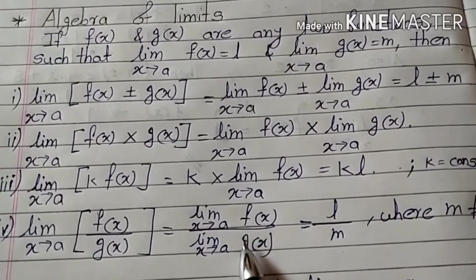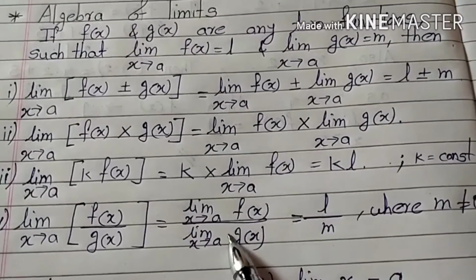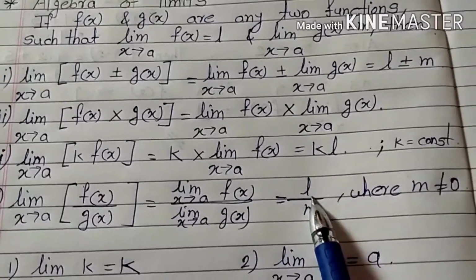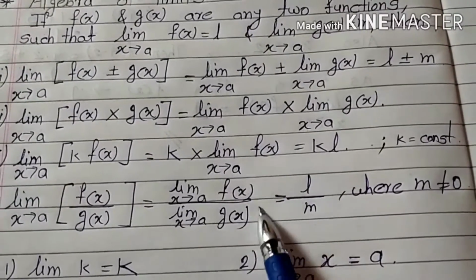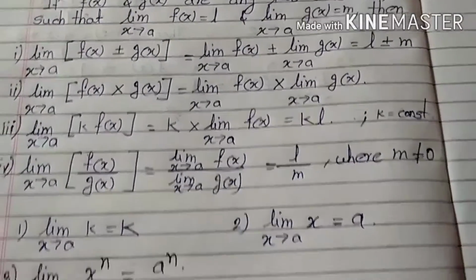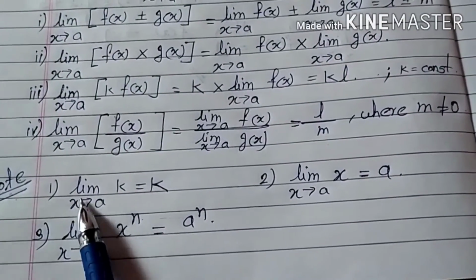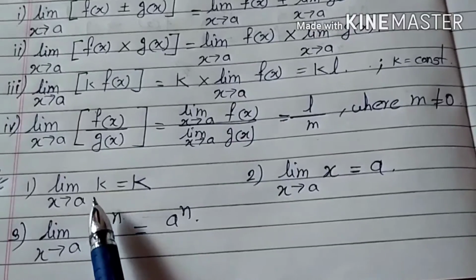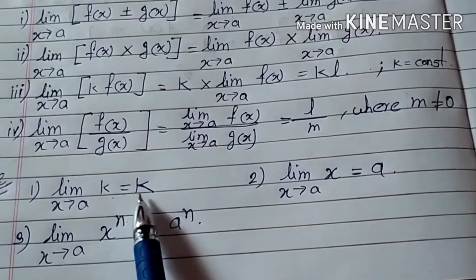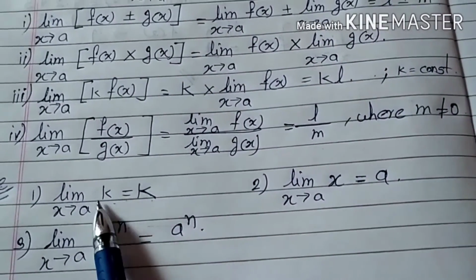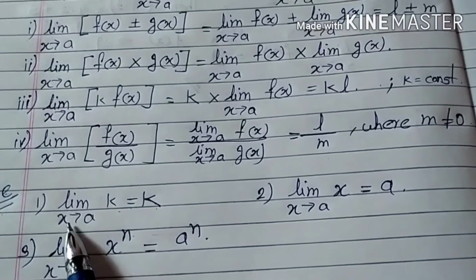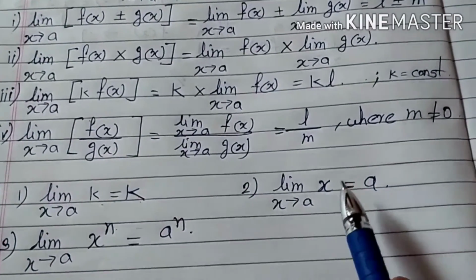Here division is separate, and by applying the limit you get your value. But here M, or this g of x, is not equal to 0. Now there is a note: limit x tends to a on a constant term, then we get only the constant term, because on a constant term the limit is not applied.